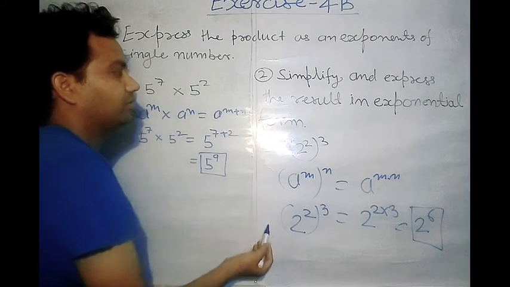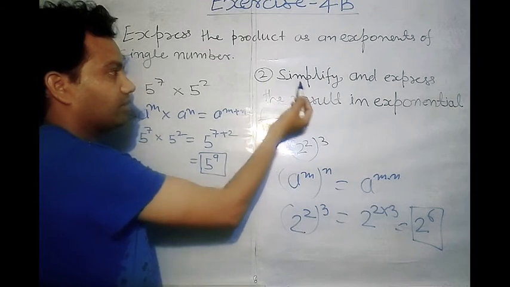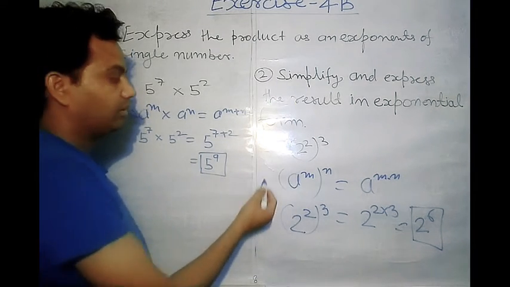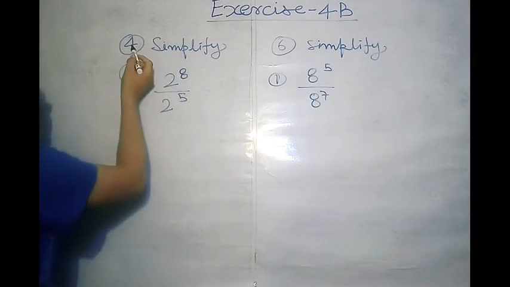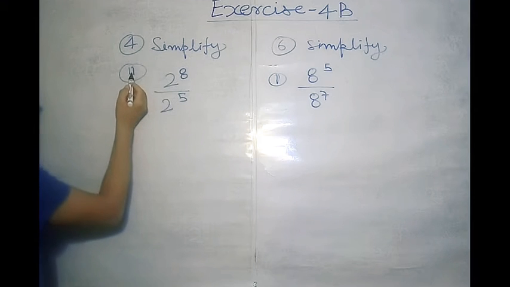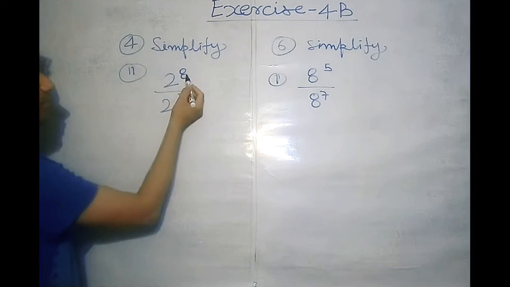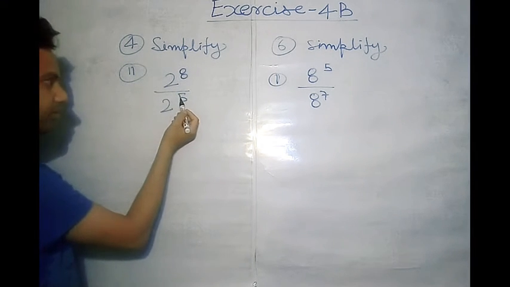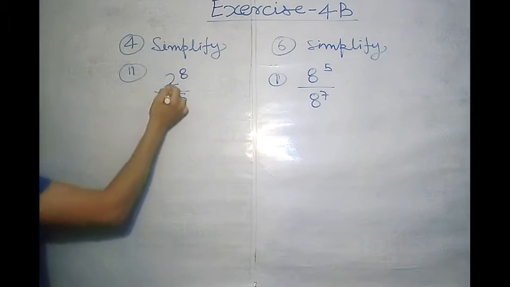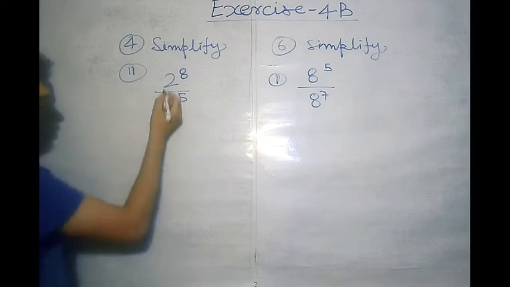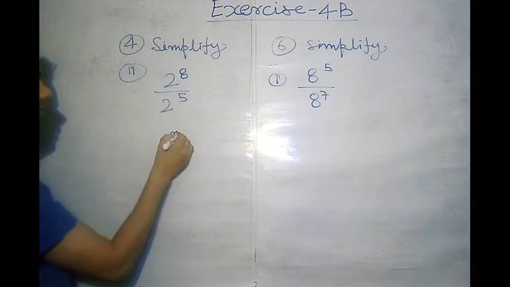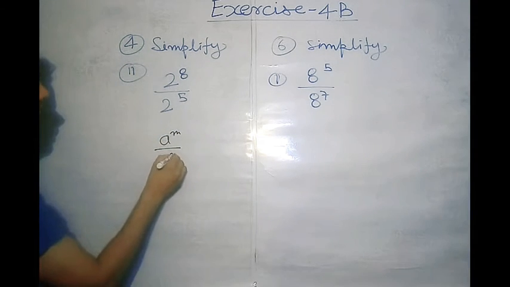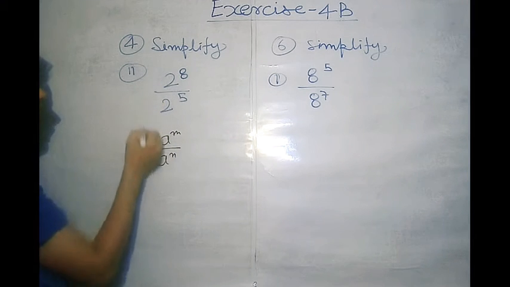So like this, all the questions from question number second, you have to solve according to this second law of exponent. Now question number 4, simplify. Its second part is 2 raised to the power 8 over 2 raised to the power 5. Here the bases are equal and the powers are different. So this is a raised to the power m over a raised to the power n, one law of exponent.